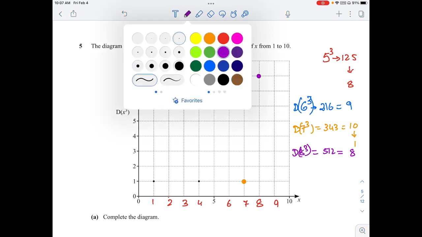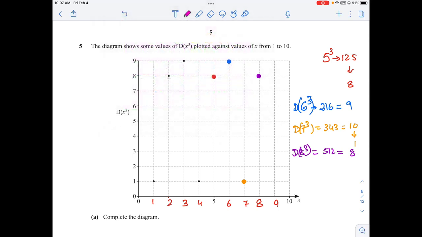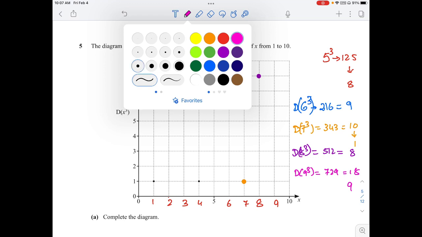Then I take 9. Digital root of 9 cube. So 9 cube should be equal to 729. Its digital root is 18, which means 9. Digital root of 9 cube is 9.